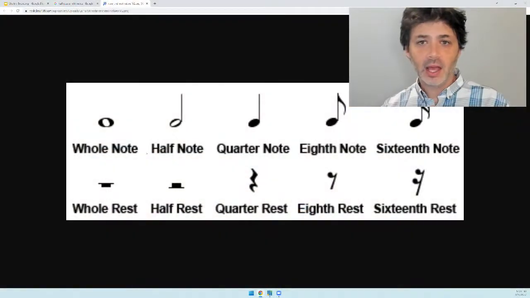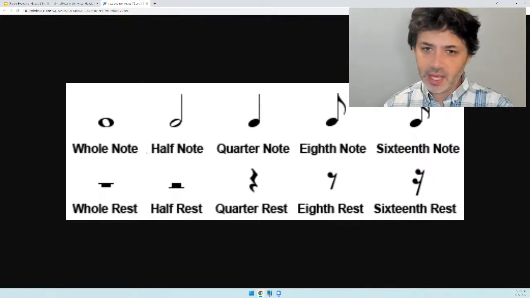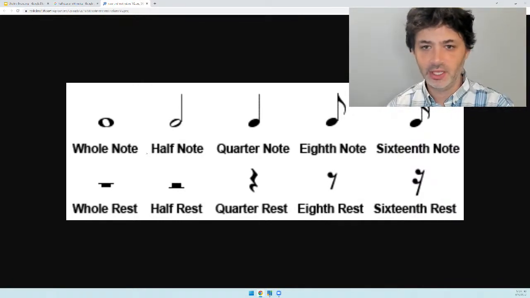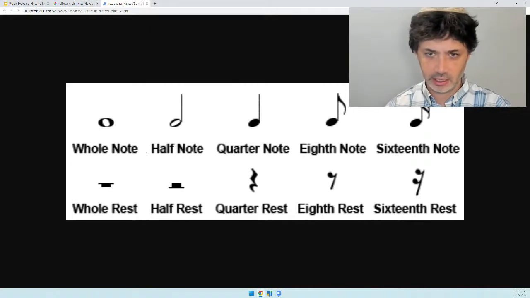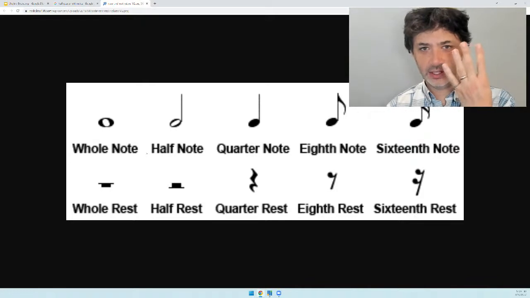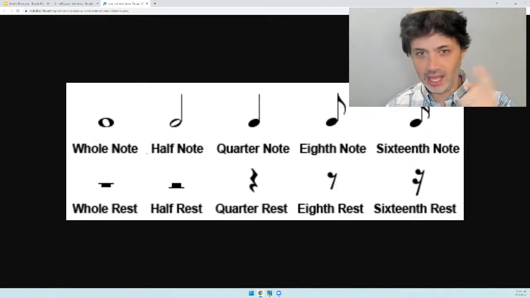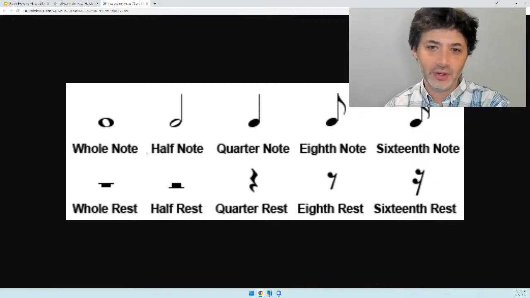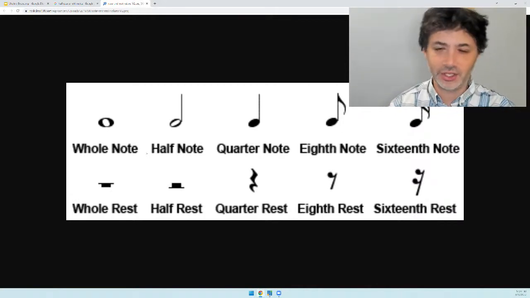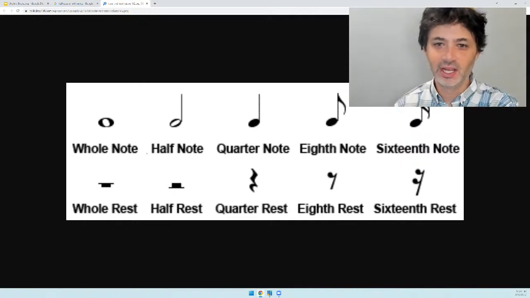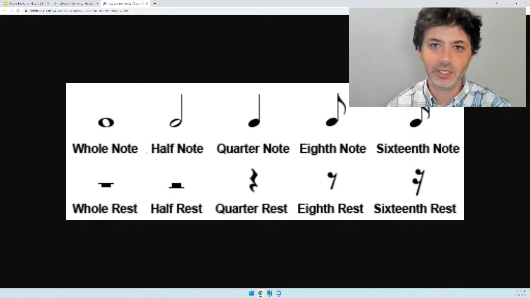If you were playing piano, violin, if you were reading music, even playing classical guitar where you were reading music, this is what notes would look like. A whole note lasts for 4 beats generally, or it lasts for a whole measure. A half note lasts for 2 beats generally, though there are exceptions. I'm going to give you the general rules and not worry about the exceptions.